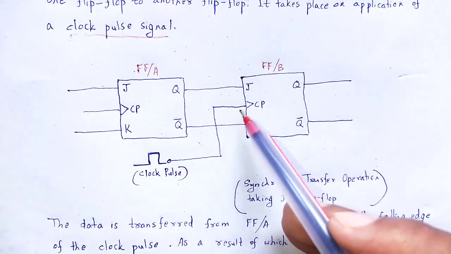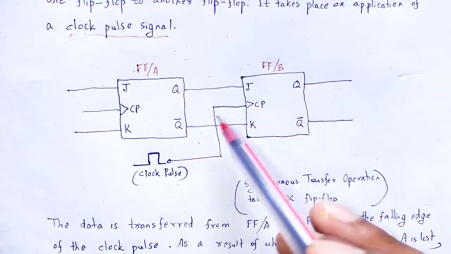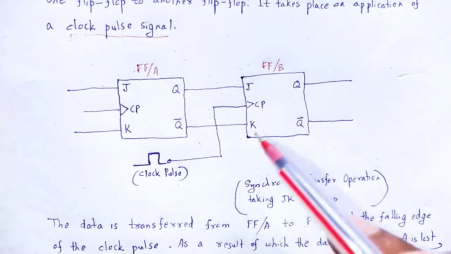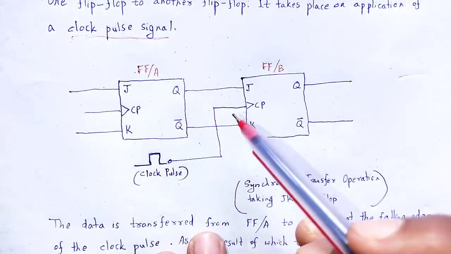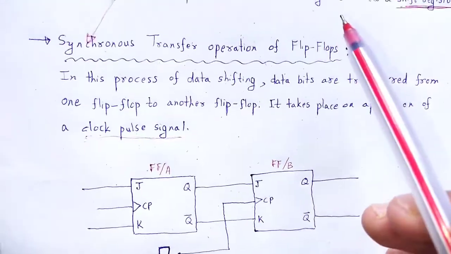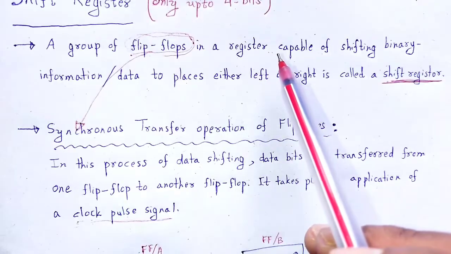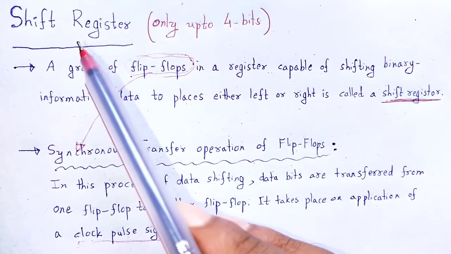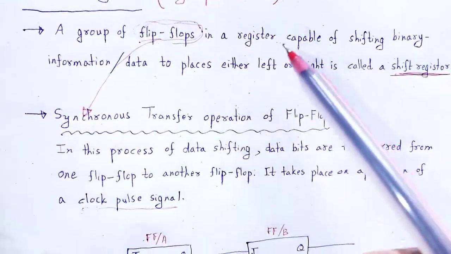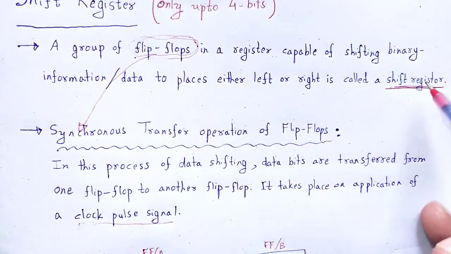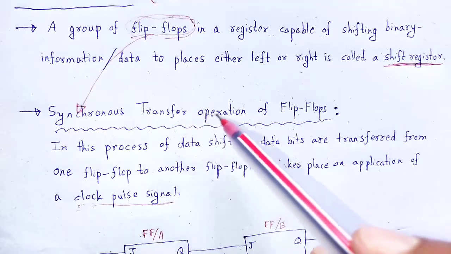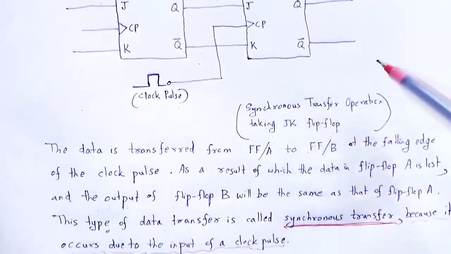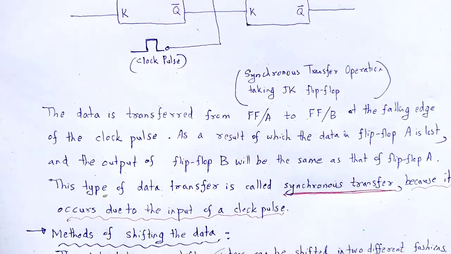Due to the introduction of the clock pulse, the data is transferred in a synchronizing way. Therefore, JK flip-flops are used in these registers for shifting purposes. This is the synchronous transfer of data.